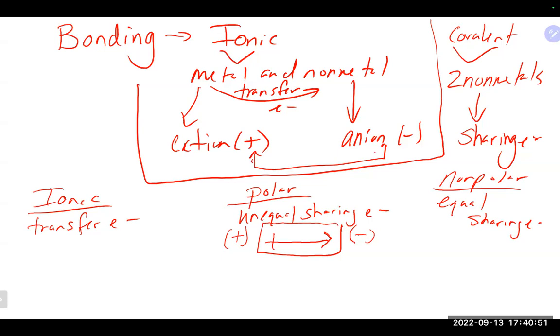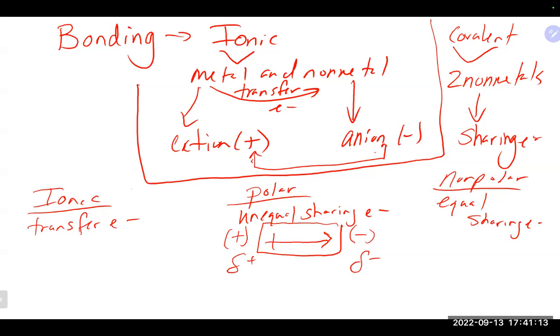Our partially negative charge and a partially positive charge develops on a polar bond. Again, they are partially positive, partially negative because they are still sharing the electrons, so they haven't fully transferred, but they definitely are not being shared equally to each other.